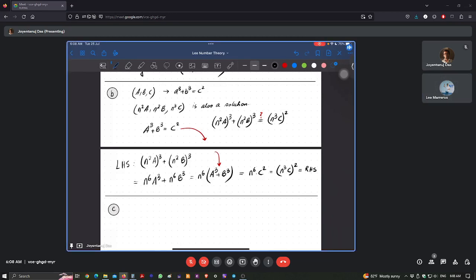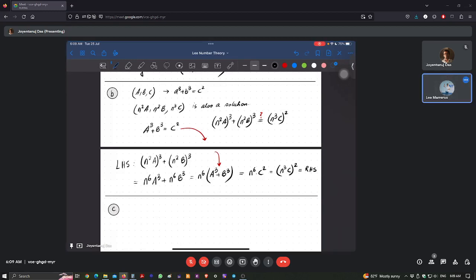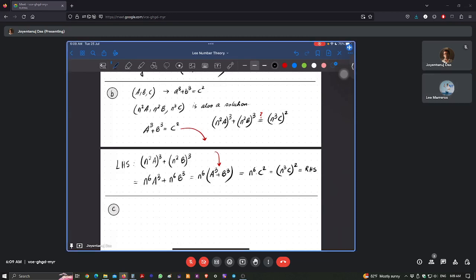The thing is that we will say a solution ABC is primitive if it does not look like this, because primitive means their GCD should be one, right? Here the GCD is at least n square, since you can take it common.